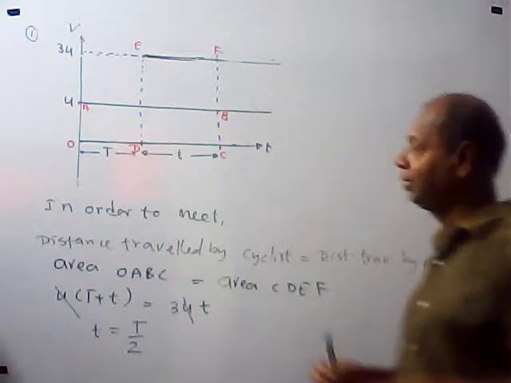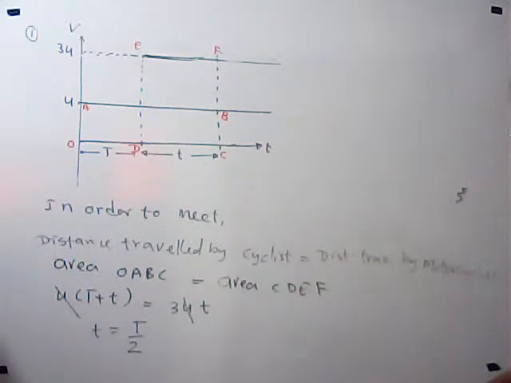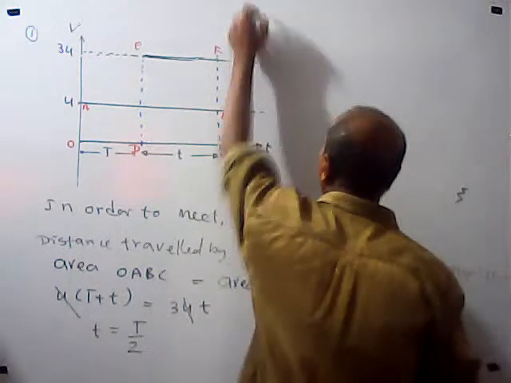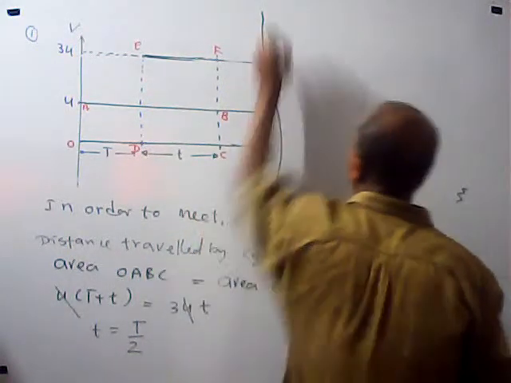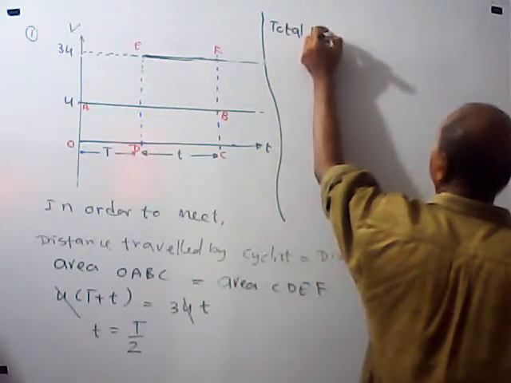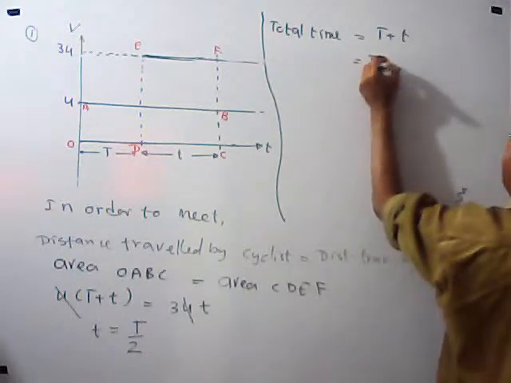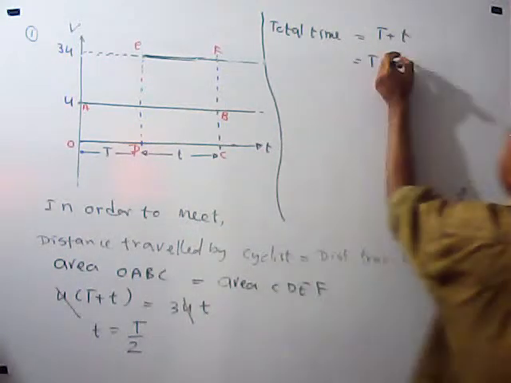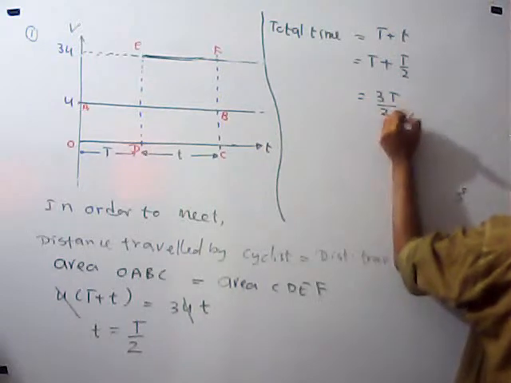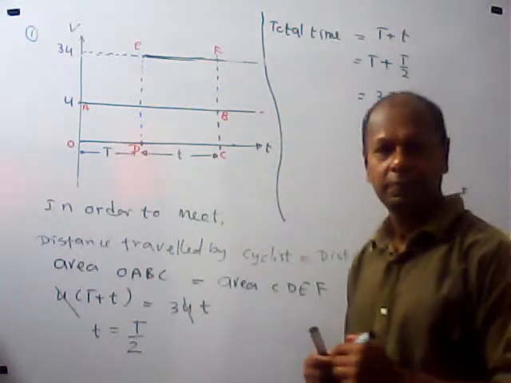So the total time is T plus T, that's T plus simple T, which is T over 2. So it's 3T over 2. That's the first answer.